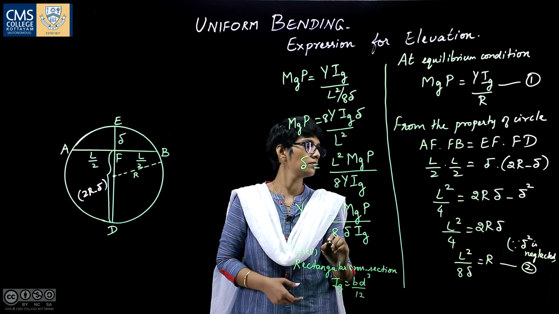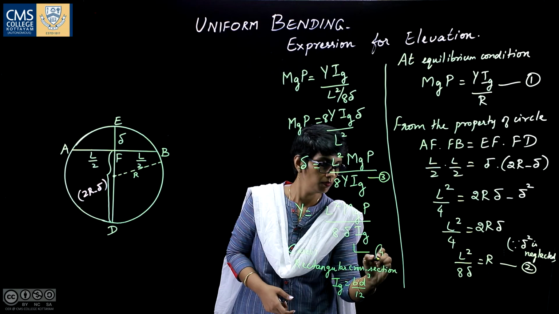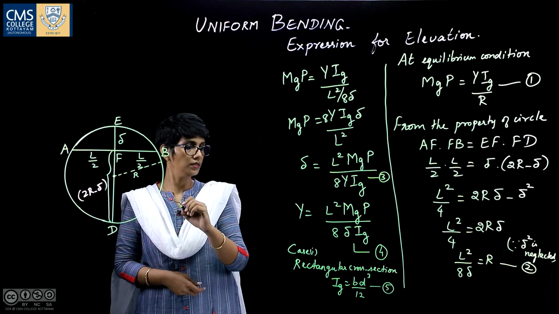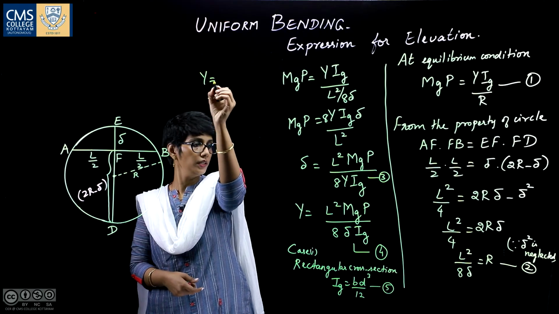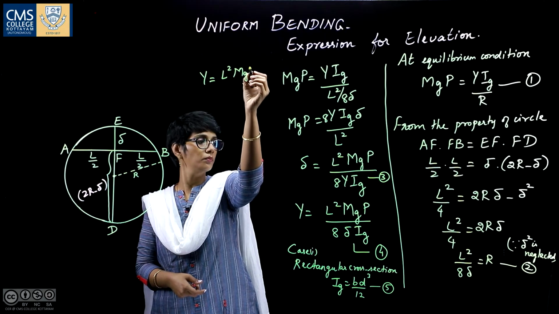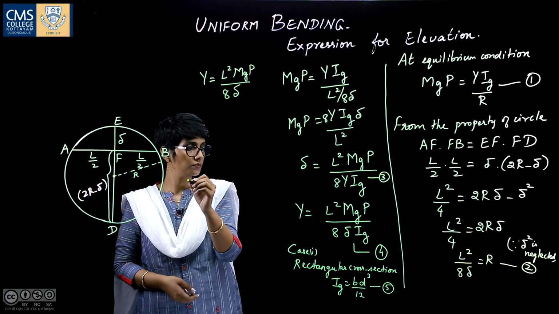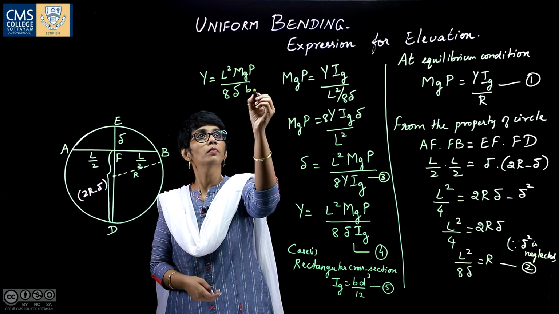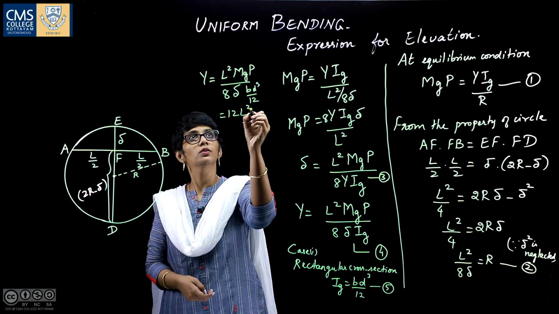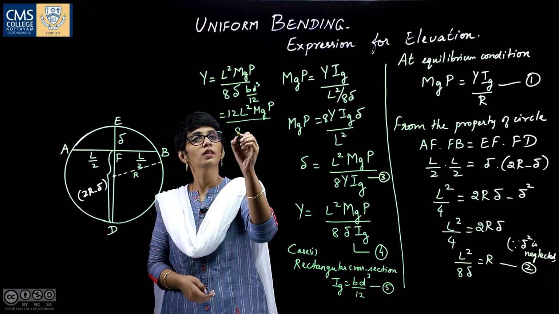So substituting this in equation 4, we get Y equal to L square mgp by 8 delta into bd cube by 12, or 12 L square mgp by 8 delta bd cube.